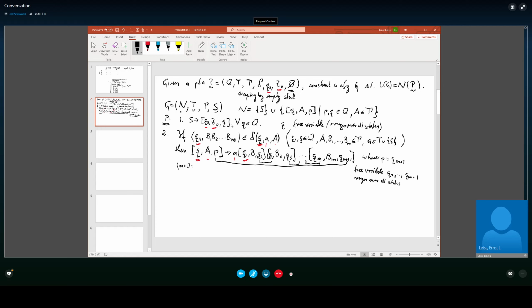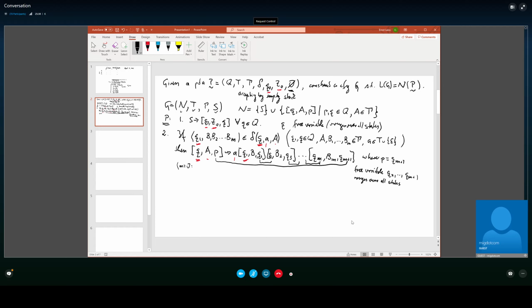S goes to something that starts off things, and then rule number 2: if this is an entry in the move function for Q, a, and capital A, then this whole slew of productions is generated by that. Okay, thank you. Now I understand.